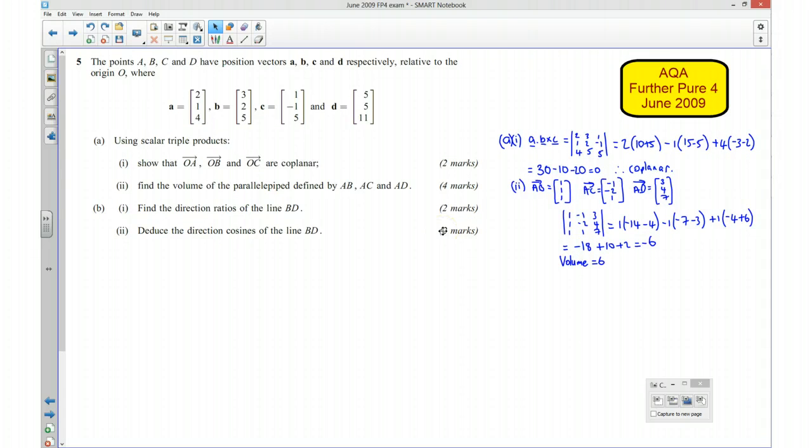Right, for part B, we're asked to find the direction ratios of the line BD. So I first of all need to find the direction of the line BD. I'm going to do d take away b to work that out. So that's going to be 2, 3 and 6.